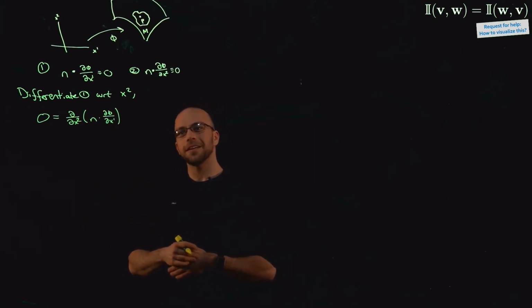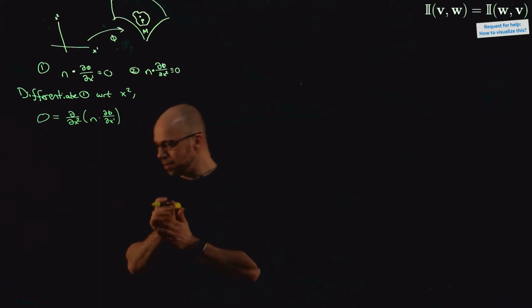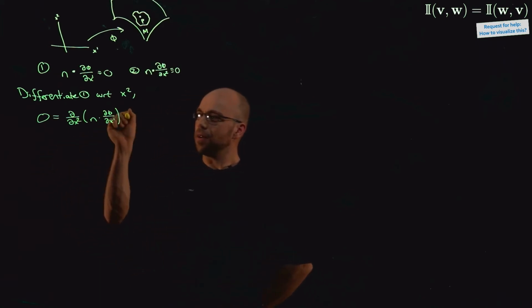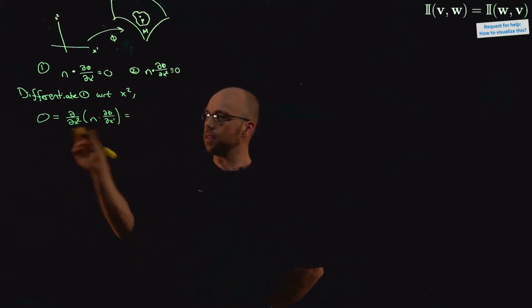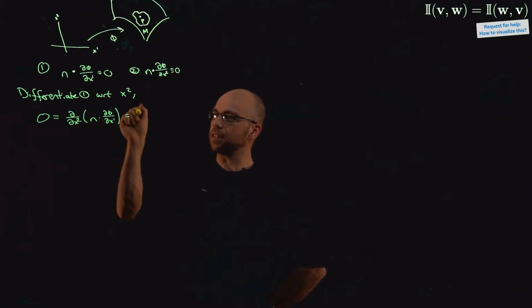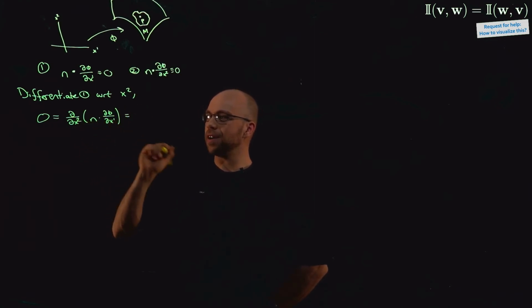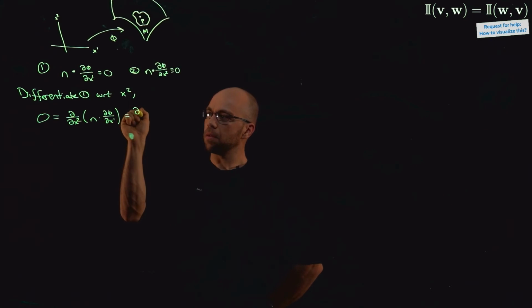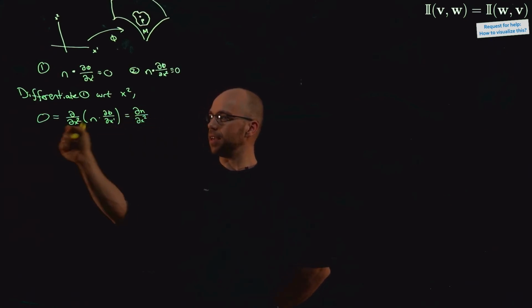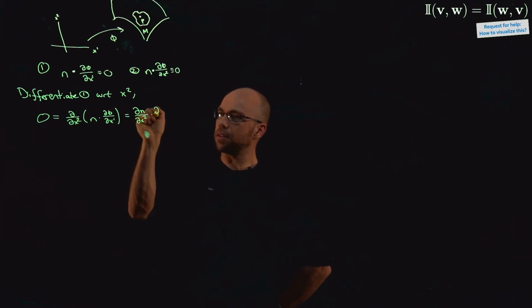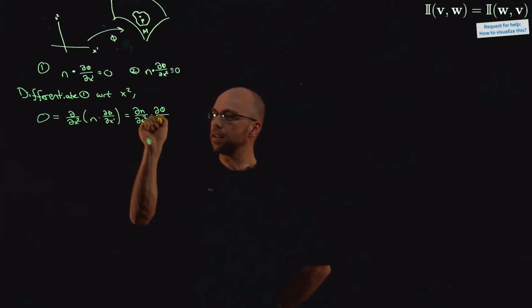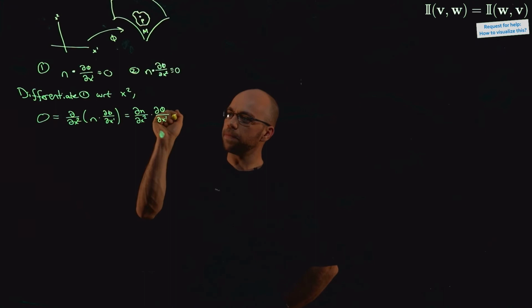Now let's apply the product rule, and we're going to see that we get two different terms here. The first one is equal to the derivative of n with respect to x2 dot product d phi dx1. So that's dn dx2 dot product d phi dx1.